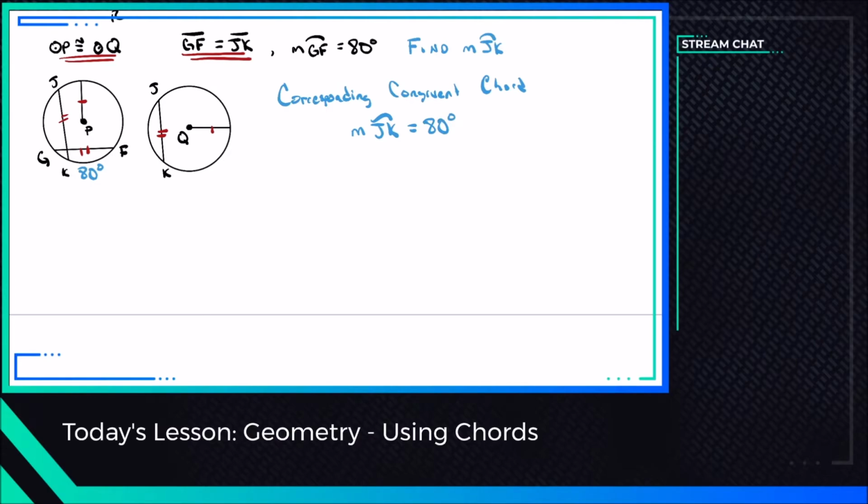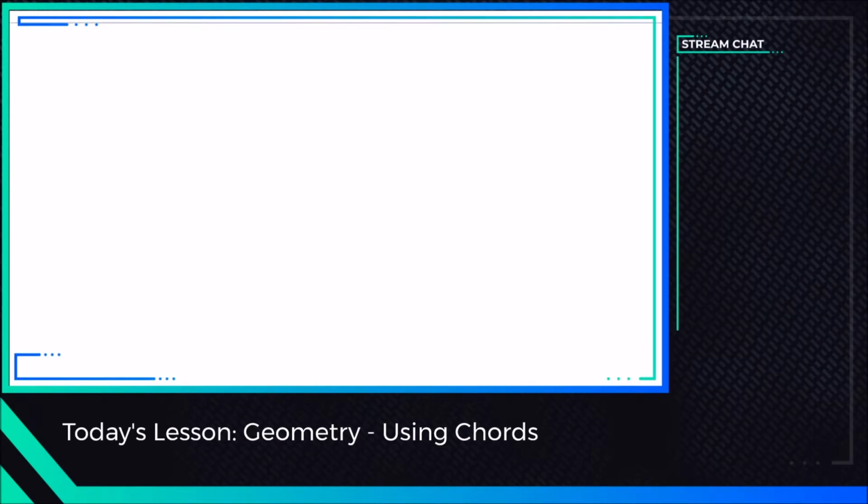So it's a pretty straightforward example to get started with. We're going to go ahead and do something a little bit more complex now. So I'll let you look at that for just a second. All right. We're going to have a circle over here. Here's our circle.